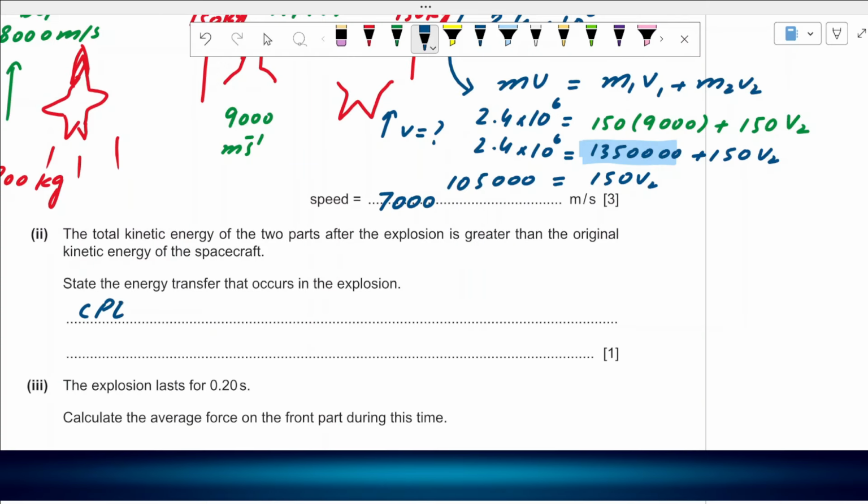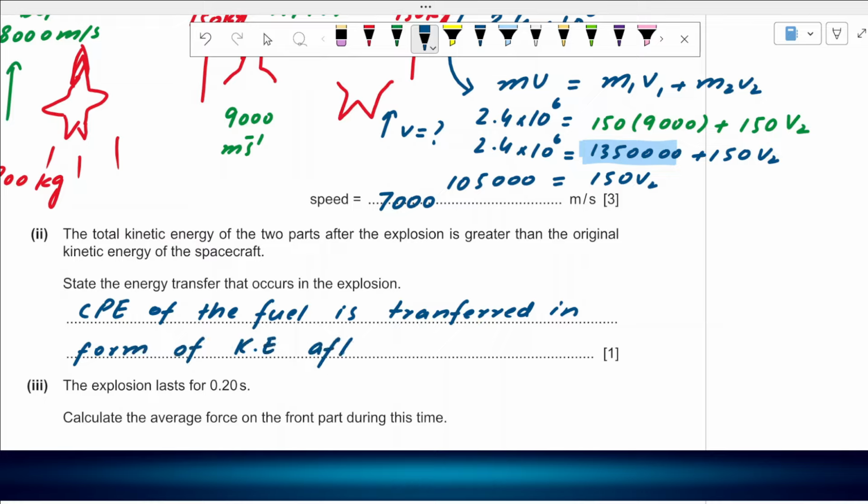Chemical potential energy of the fuel is transferred in the form of kinetic energy after the explosion.